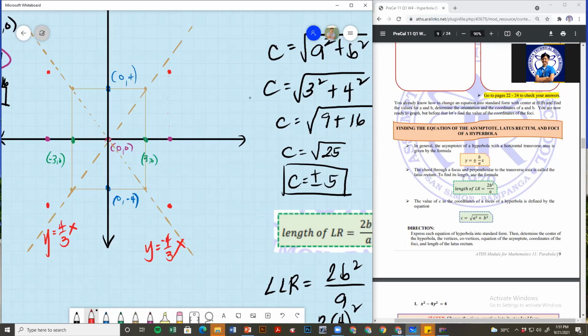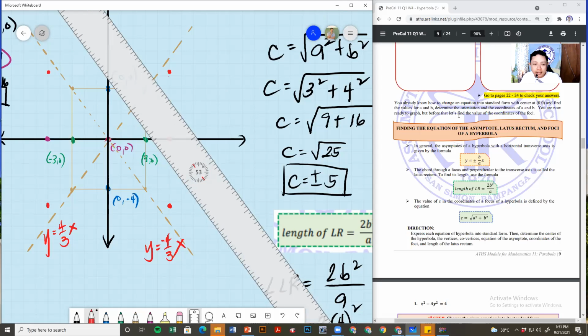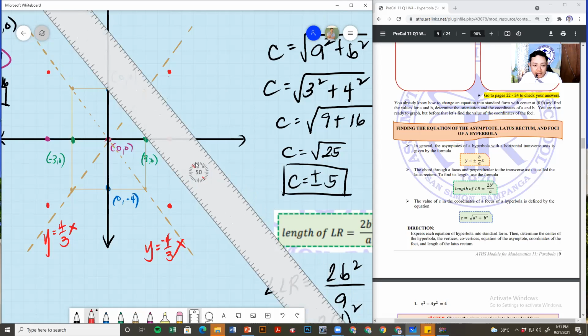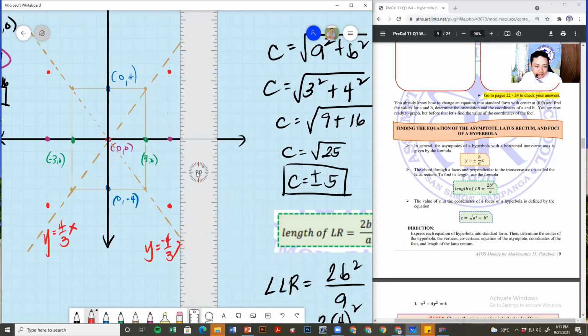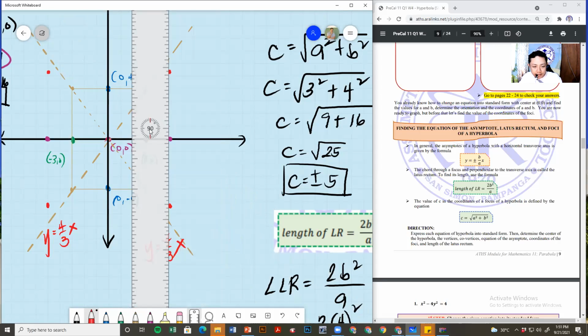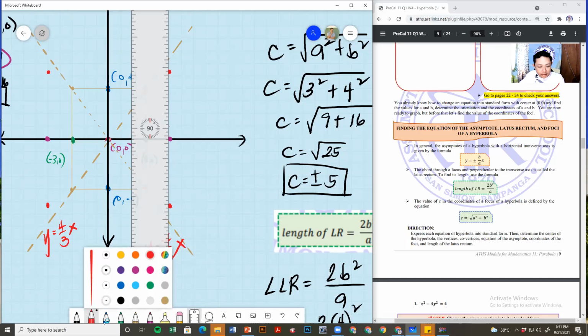Okay. Now that we have those parts, by the way, don't forget to draw a line kasi kailangan ma-emphasize din natin yung ating latus rectum. The length of the latus rectum. There. Okay. Let me just draw something here. Let me make it a little thinner.